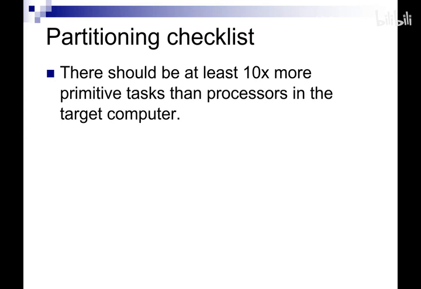Because if you have exactly the same number of tasks as processors, then you can only assign one task per processor, and if these tasks are not equal to each other, if some tasks are much larger, then you have load imbalance and issues like this. Whereas if you have more tasks than processors, then you have more freedom in how you assign the tasks to the processors, and so you can overcome some of these problems like load imbalance.